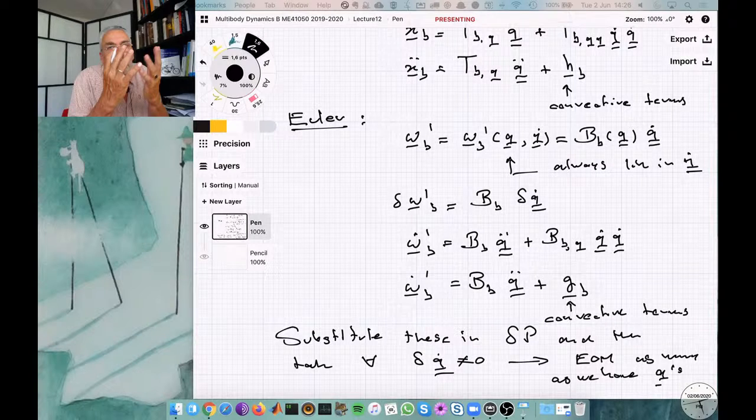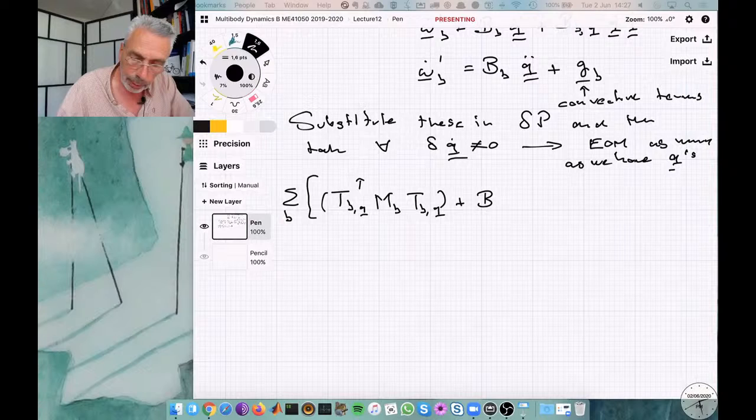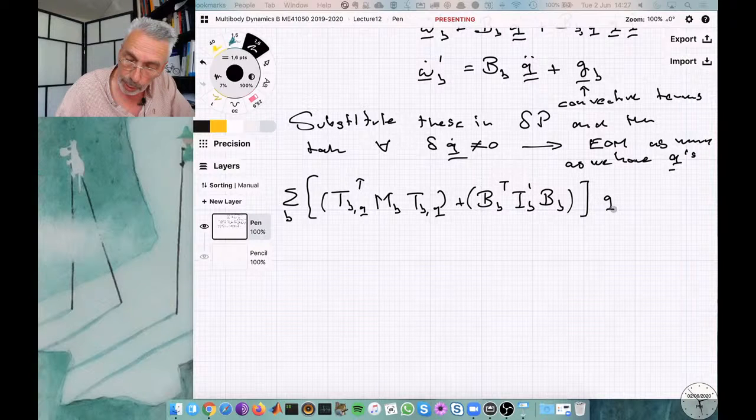So the first part, we have the transformation of the coordinates times the mass matrix of that body times this guy, and this is a transpose, of course, so this is the Newtonian part. And then for the Euler part, we also have mass contributions, and it's this B matrix transposed times I prime, remember, and then again this Jacobian B, and then we close our bracket, and then we say, that's times q double dot equals.